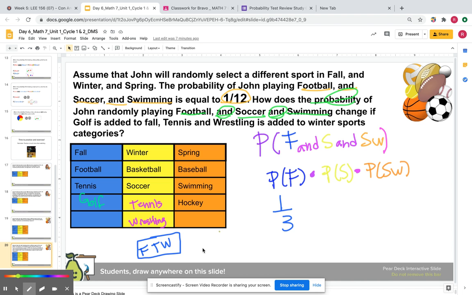It's actually a lime yellow, sorry. We have B for basketball, S for soccer, T for tennis, and W for wrestling. So the probability of selecting soccer randomly is now 1 over 4. The probability of selecting swimming stayed the same because there's only 3 options, and that's 1 over 3.